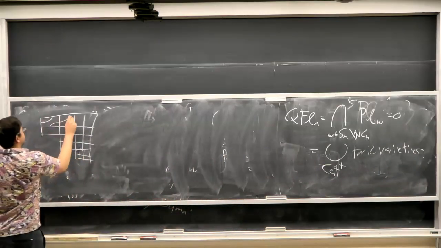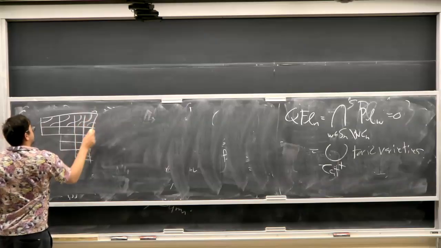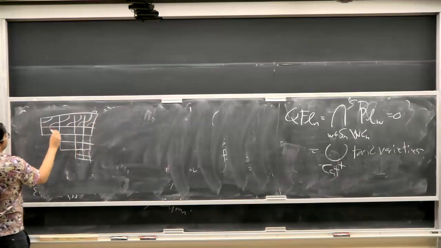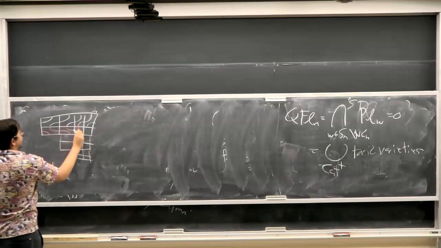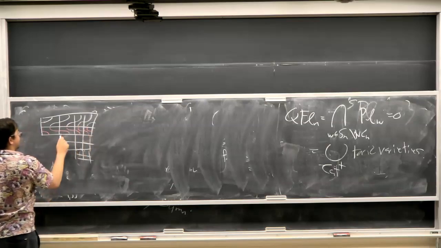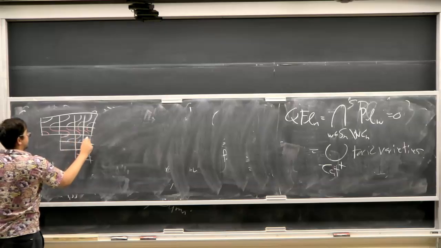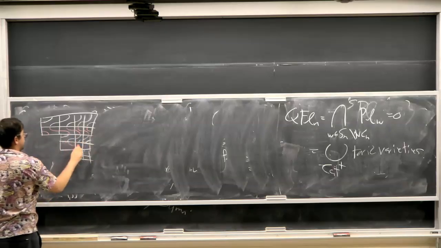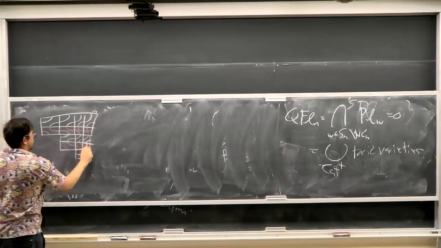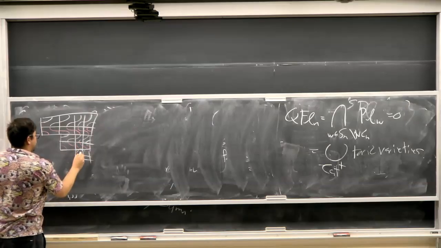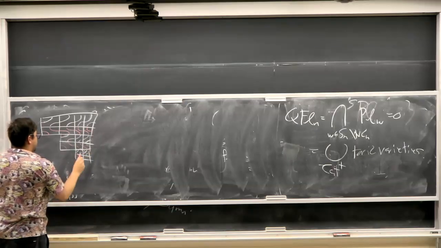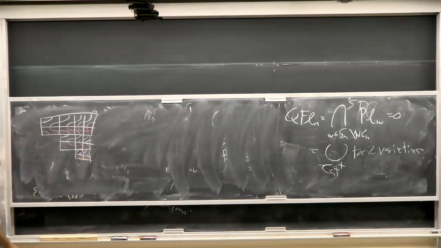So you would go like this, this, this, this, and then you would put this, this, this, this, and then you do this, this, this. Let me just do one more. So this is the default state.